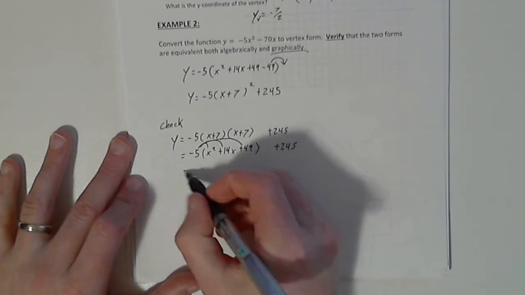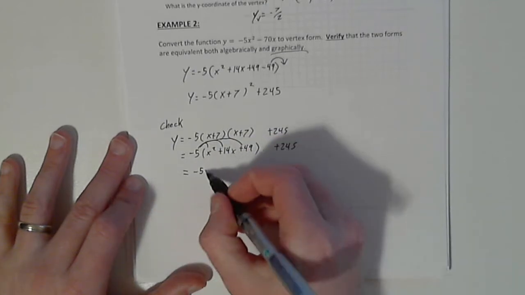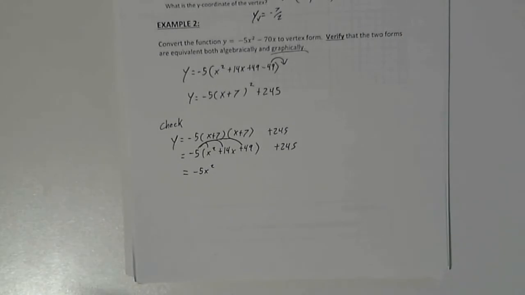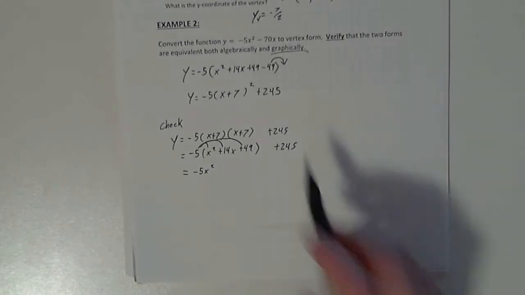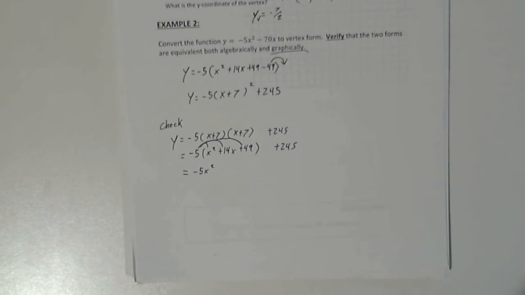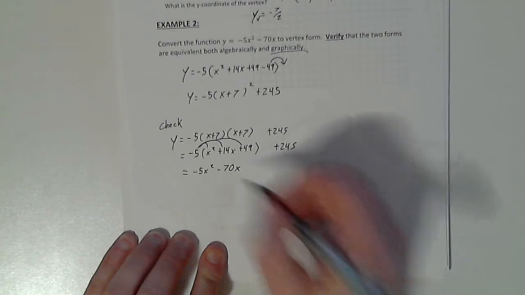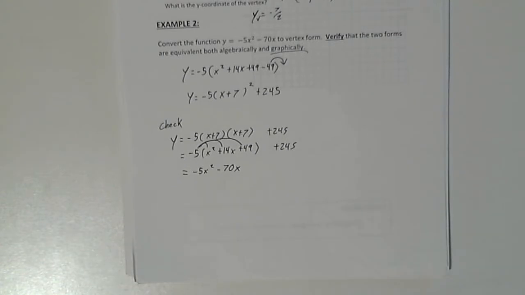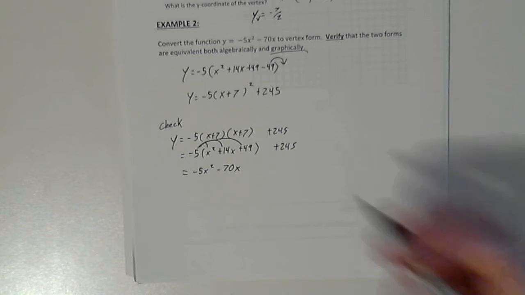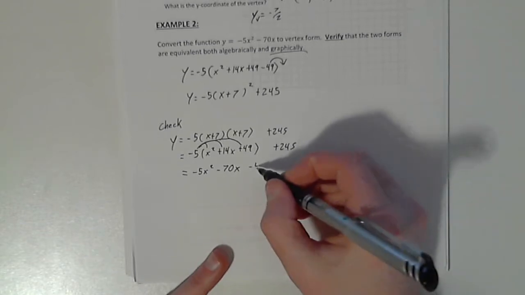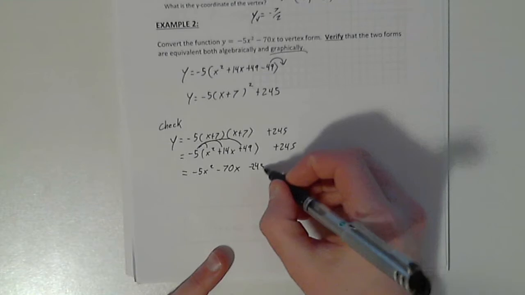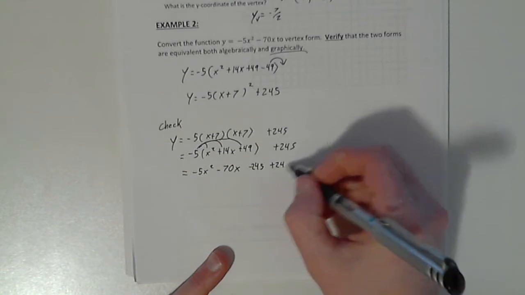Numbers are going to get slightly big. Negative 5x squared. Negative 5 times 14. Well, we already know what that's going to be, but let's check it with the calculator. And it is indeed negative 70. Negative 5 times positive 49 is negative 245, plus 245.